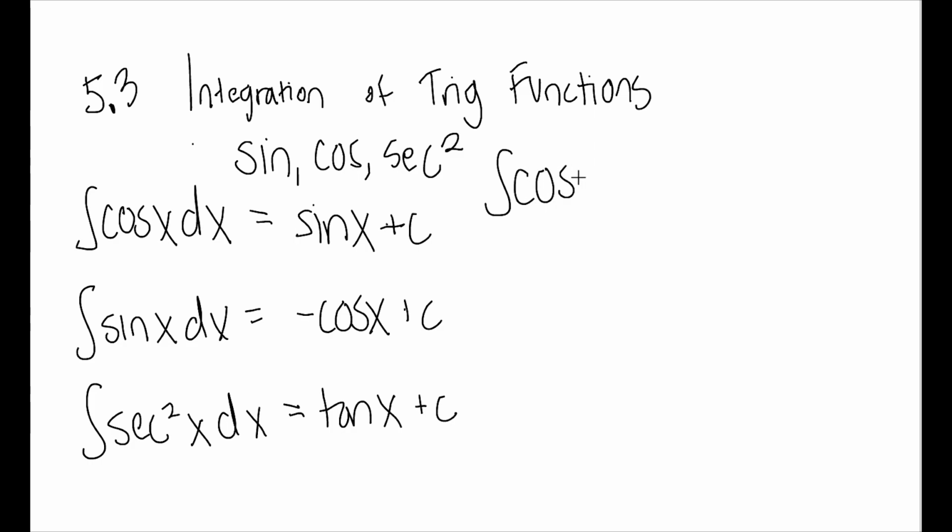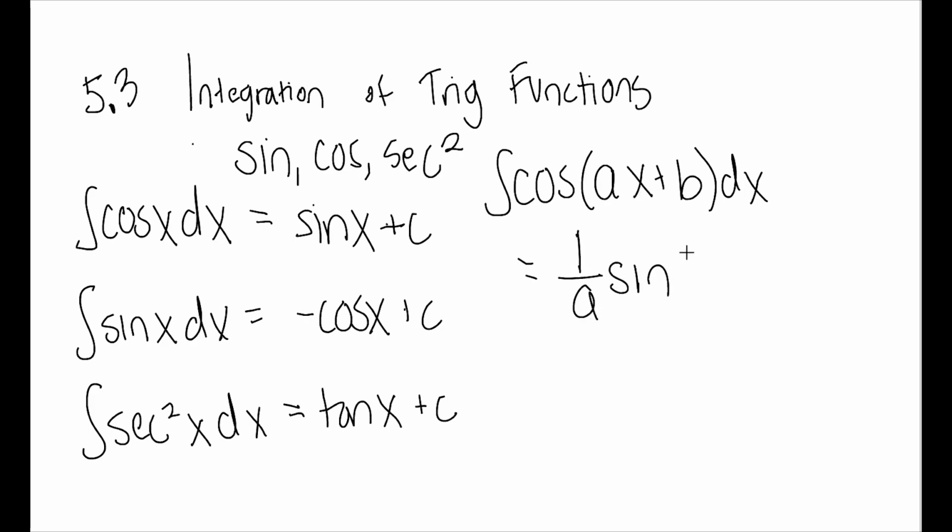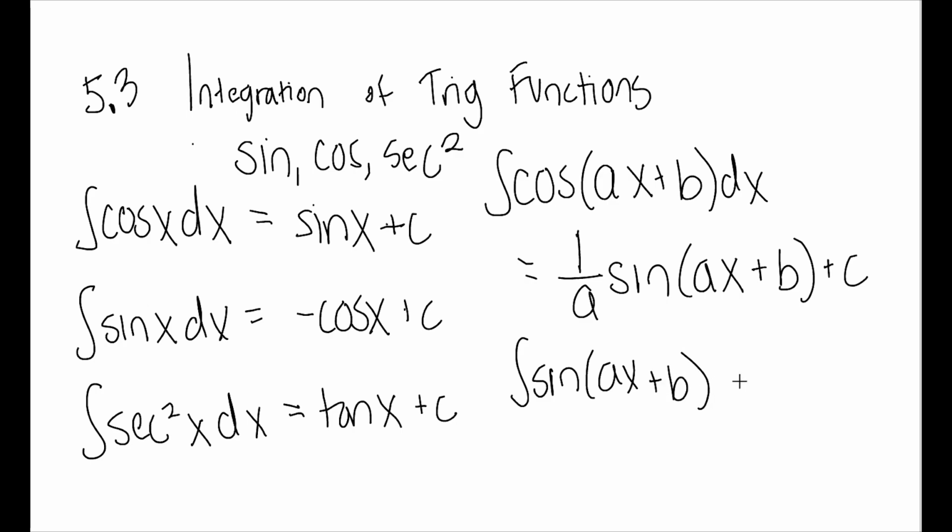Now, if it's in the form cosine of ax plus b, you divide by the coefficient of the term, change it to sine, and add a c. For sine of ax plus b, we get negative 1 over a, because sine turns into negative cosine.